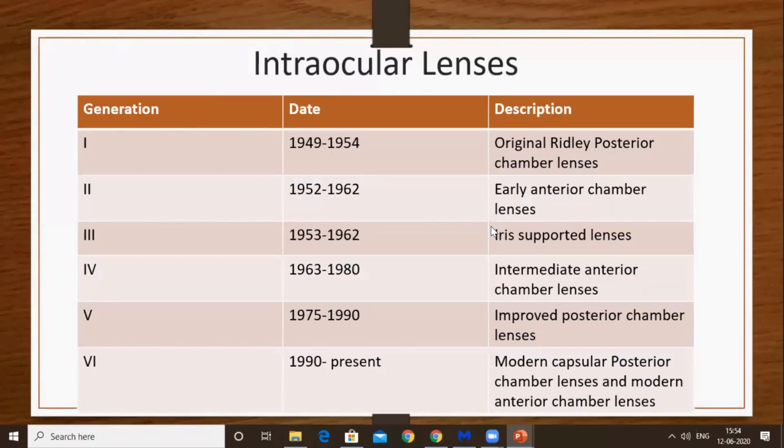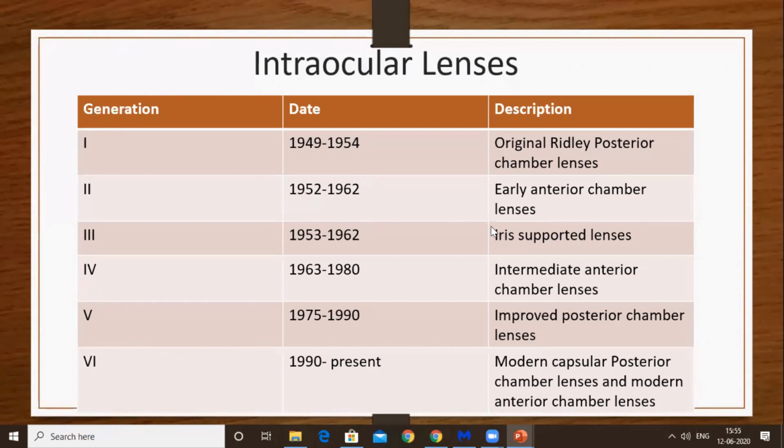So this is a summary of the evolution of intraocular lenses from the first generation till now. First, Dr. Ridley implanted the first PCIOL in between these years, and then came the anterior chamber lenses, then the iris supported lenses, then the intermediate anterior chamber lenses, where they place a lens in between the iris.